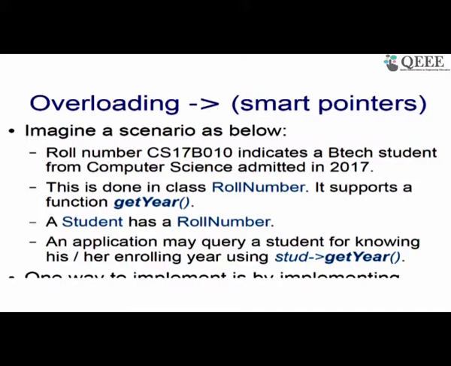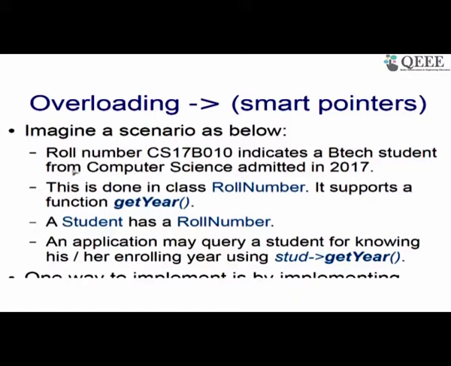So there is a student getYear which internally calls roll number getYear, right. This is one way of solving the problem. However, it would be nice if, instead of redefining things, I can directly call getYear, which is defined on the roll number, onto the student, because the student is uniquely identified by the roll number. So it would be really nice if I can use getYear onto the student directly.